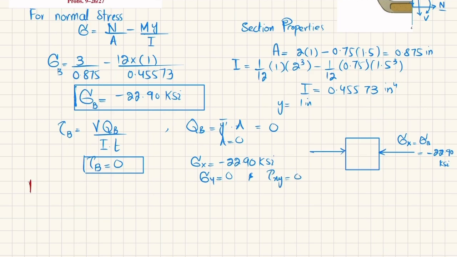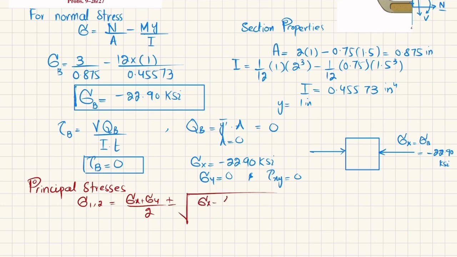For principal stresses, you can calculate these stresses by using Mohr's circle or using this formula: sigma 1,2 is equal to (sigma x plus sigma y) divided by 2 plus or minus the square root of ((sigma x minus sigma y) divided by 2) squared plus tau xy squared. I have solved problem 12.9-26 using both methods. Here I am going to solve it using this formula.